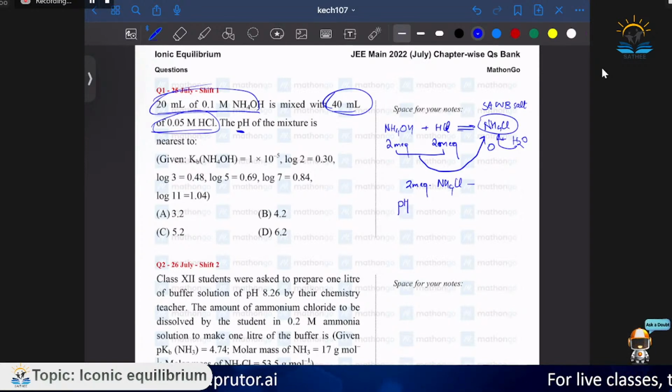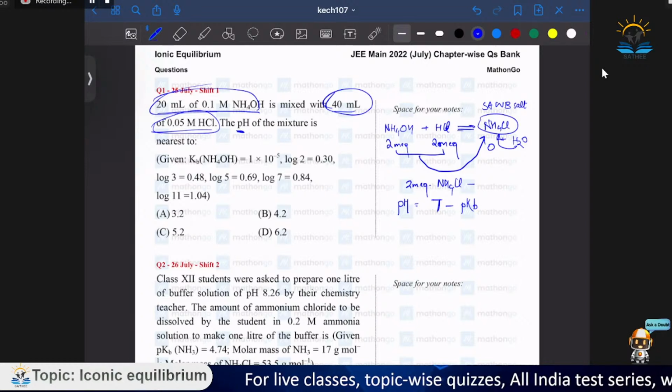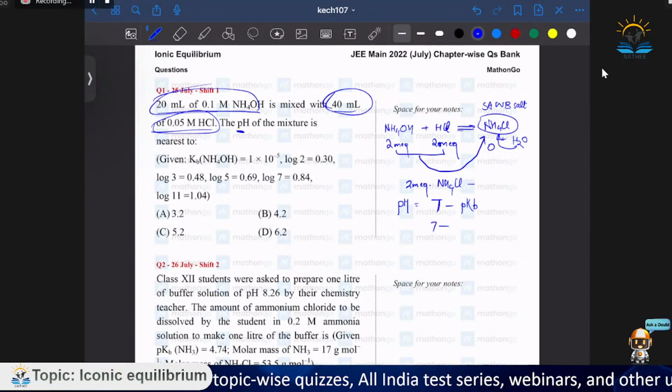We can find this out from pH is equal to 7 minus pKb by 2. What is your pKb?